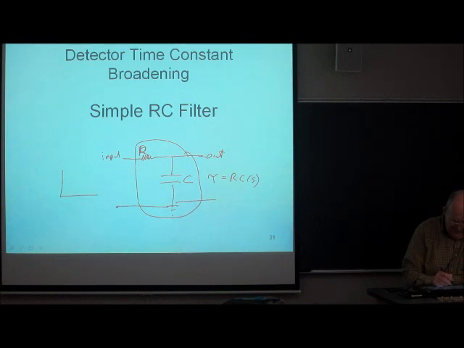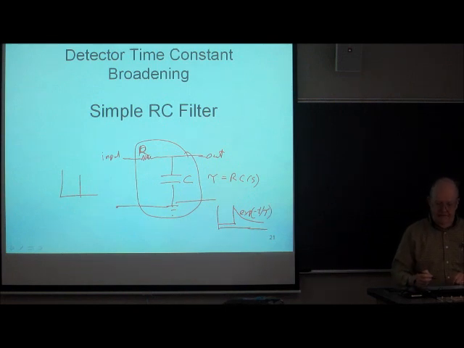So the signal going into this is going to look like that. What will come out of this is a signal that looks like that, and we can describe that signal as exponential of minus t over tau. This is the simplest possible low-pass filter.